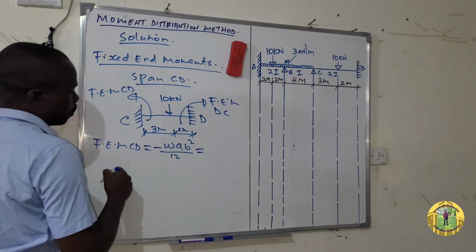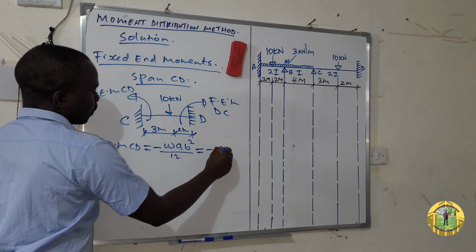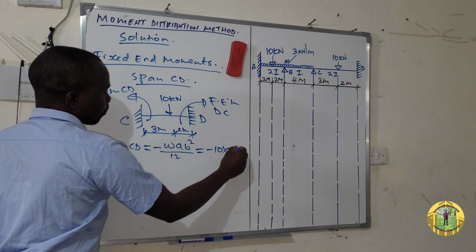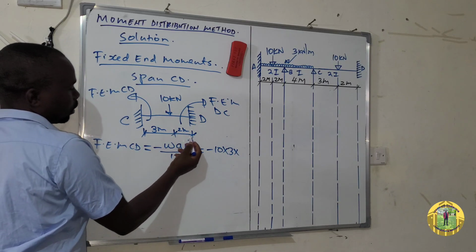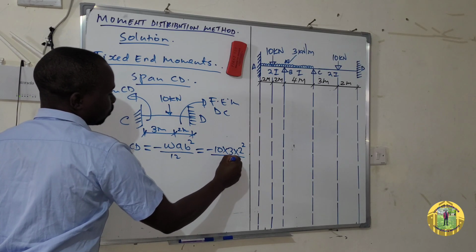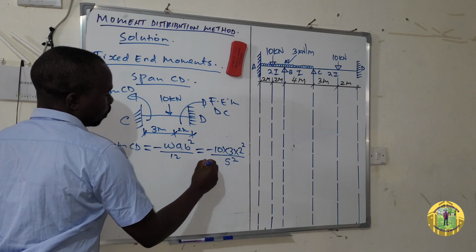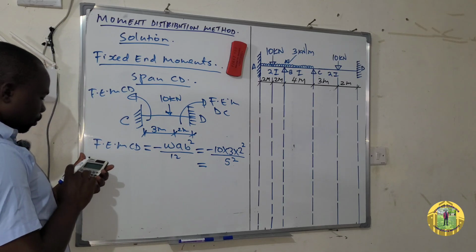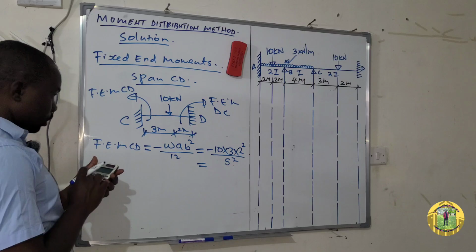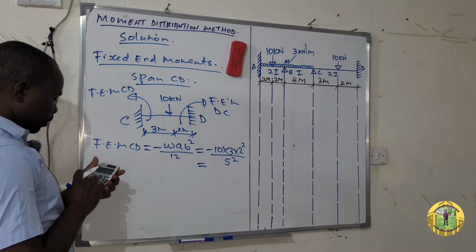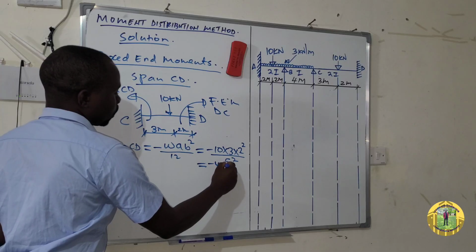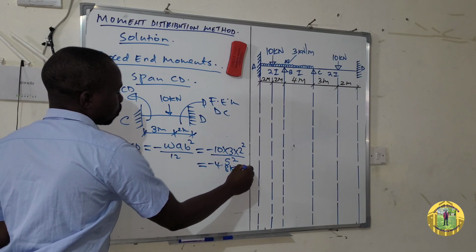So this one is equal to minus 10 times A, A is from here to here, which is 3, times B, which is from here to here, 2 square all over 5 square. So this one will be negative 10 times 3 times 2 square all over 25. So it's negative 4.8 kilonewton meter.